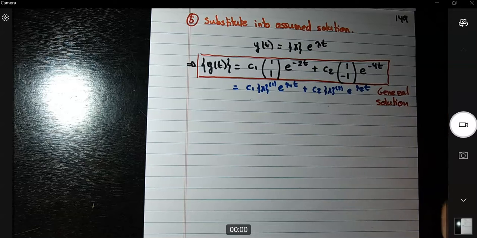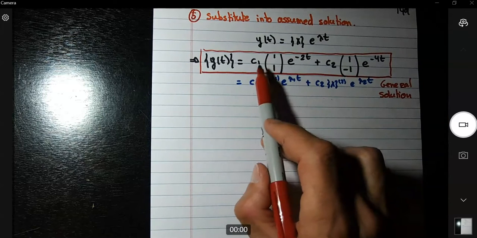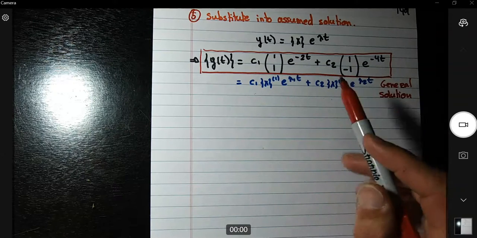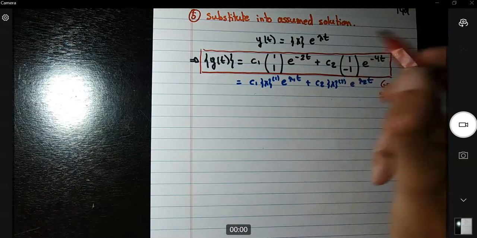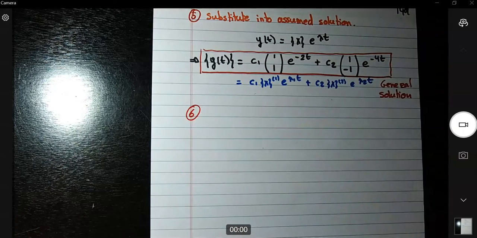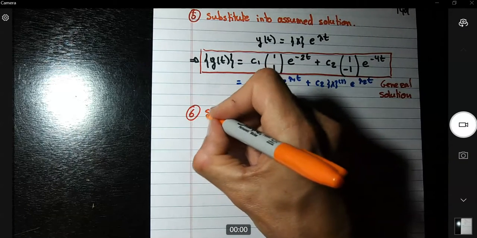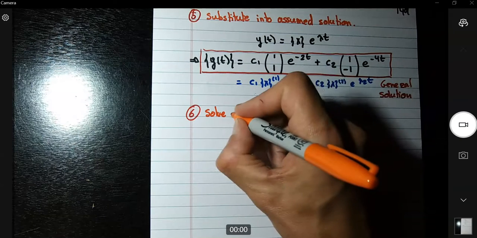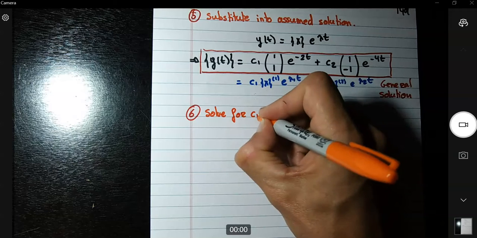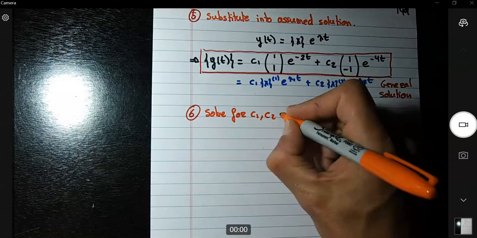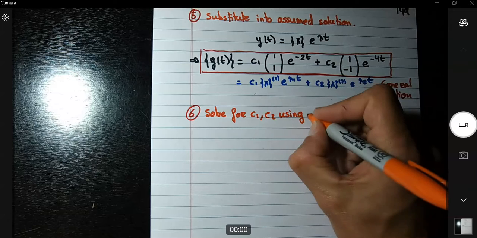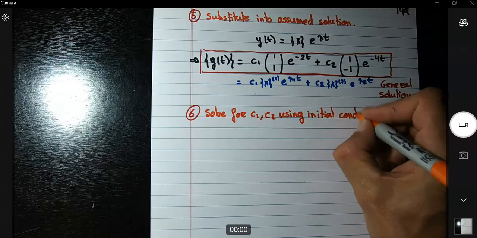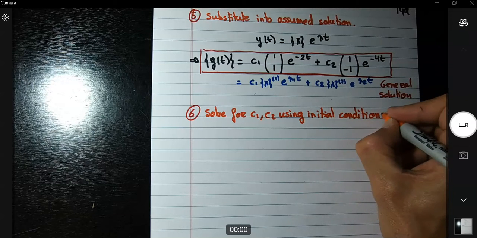So in order to find the particular solution, what we need to do is to solve for the coefficients C1 and C2 that are obtained from the initial conditions. So that would be basically almost the last step. So step 6 will be solve for C1, C2 using initial conditions.